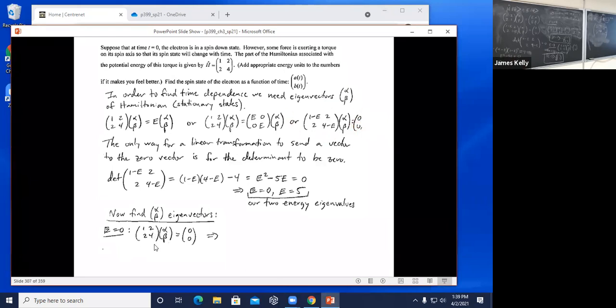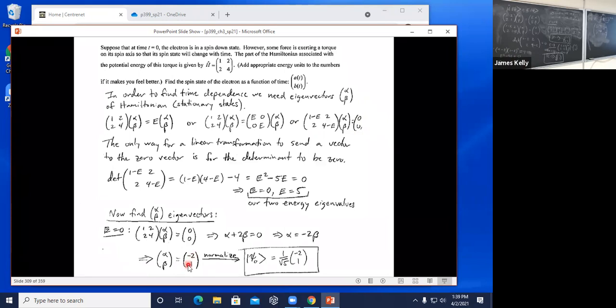And when I plug in E equals 0 and work out what it says, it gives me that alpha is minus 2 beta. So I could make beta equal 1, put a minus 2 upstairs, and then I've got to normalize it, take the sum of the squares of these things, and then take 1 over the square root of that. That will normalize it. So I get 1 over root 5 times (minus 2, 1).